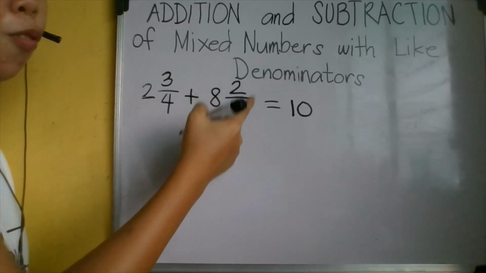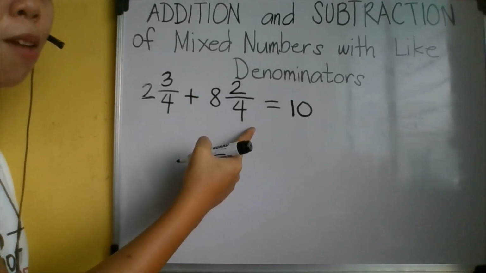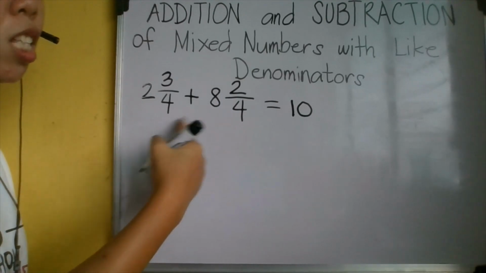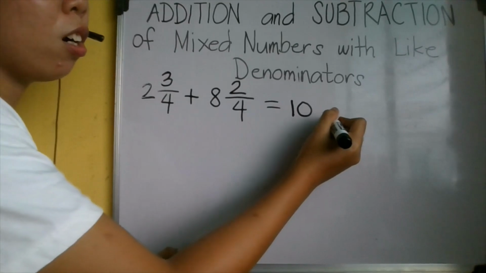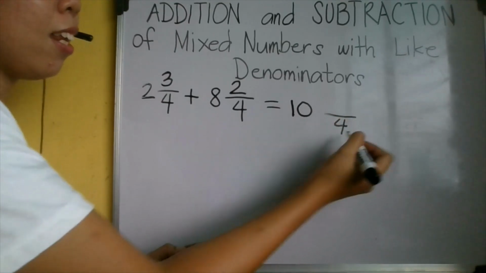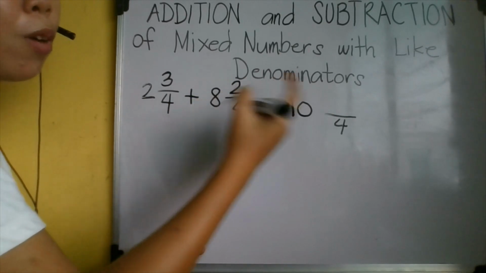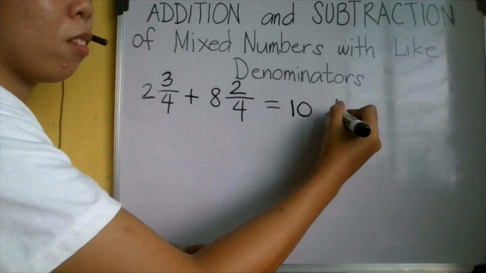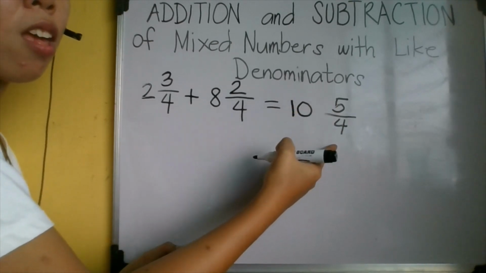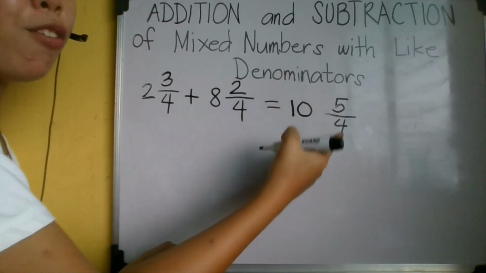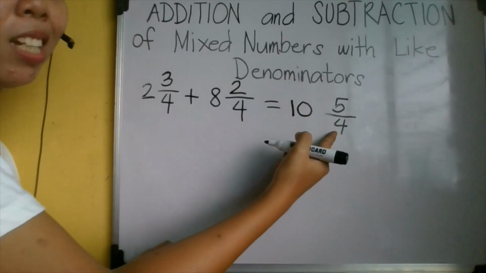Since they have the same denominator, just copy their common denominator, that is 4. Then add the numerators, 3 plus 2, we have 5. So we have 10 and 5/4. But 5/4 is an improper fraction, so we need to change this to a mixed number.